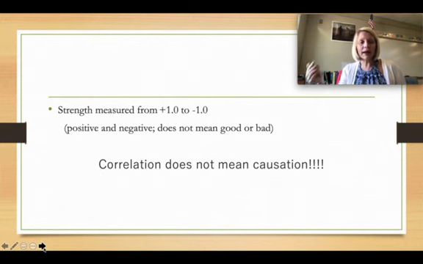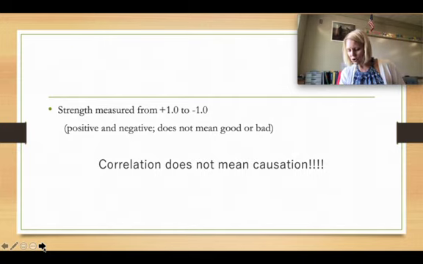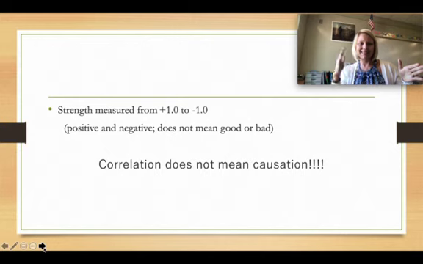So when we're looking at a correlation, the strength of the correlation is going to be measured from +1 to -1. Now, I'm going to say this over and over and over again. Positive and negative are the terms that we use in psychology, and that does not mean good or bad.